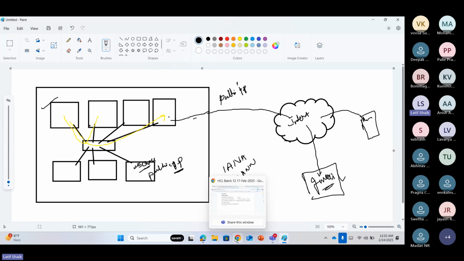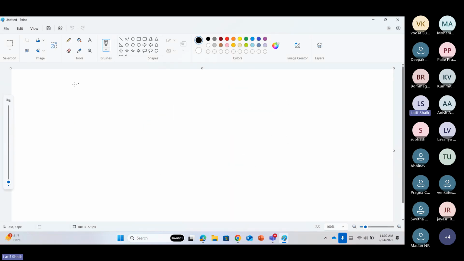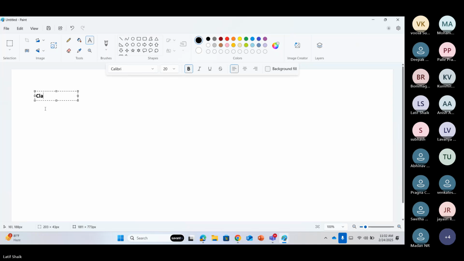Those IP addresses are like this. In IPv6, a range is directly given for private IP. But in IPv4, we have classes: class A, class B, class C only, because these three are unique address ranges.